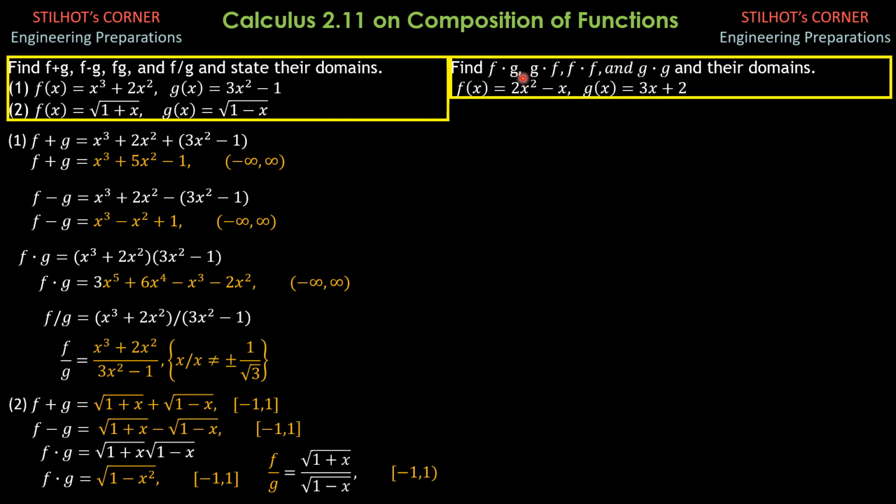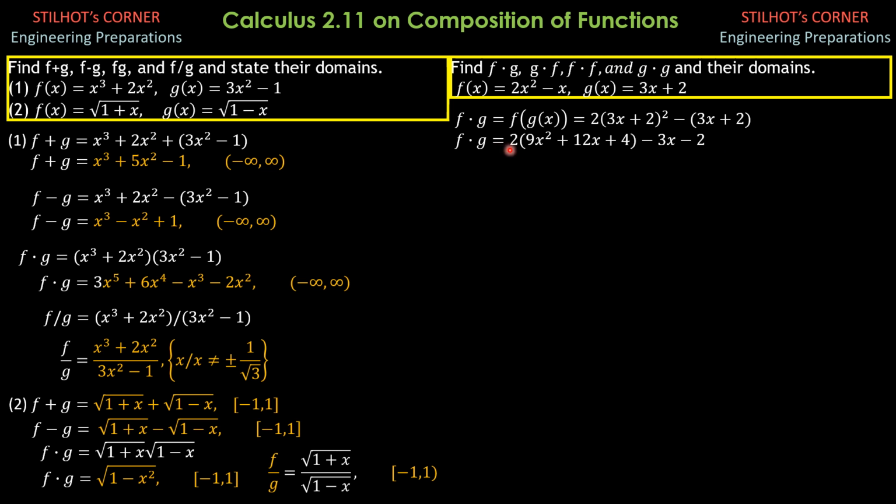So f of g means f of g of x, and that is 2 times, we replace x here by g of x, which is 3x plus 2, quantity squared, minus, again we replace x here by g of x, which is 3x plus 2. So simplifying, this is 2 times quantity 9x squared plus 12x plus 4, then minus 3x minus 2.